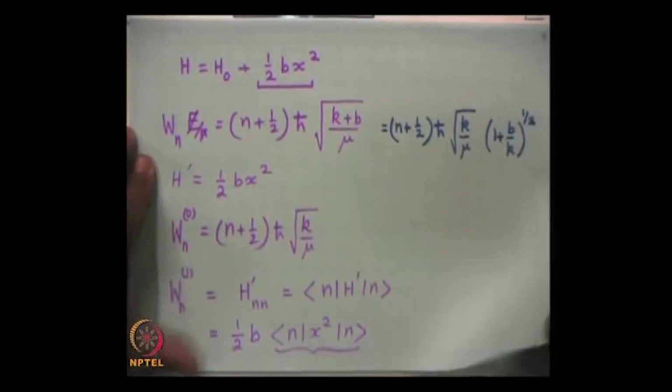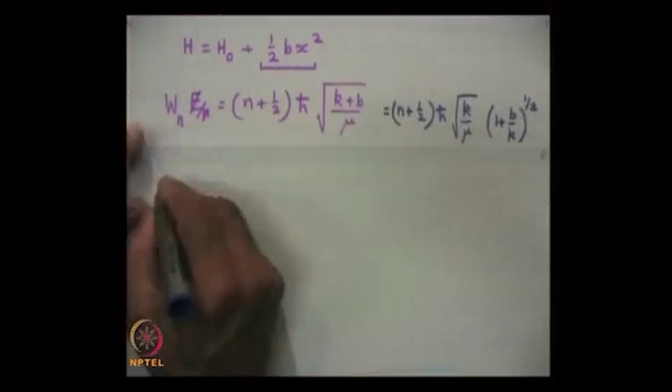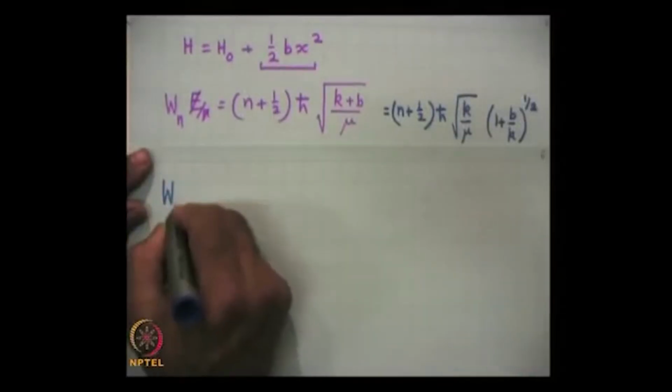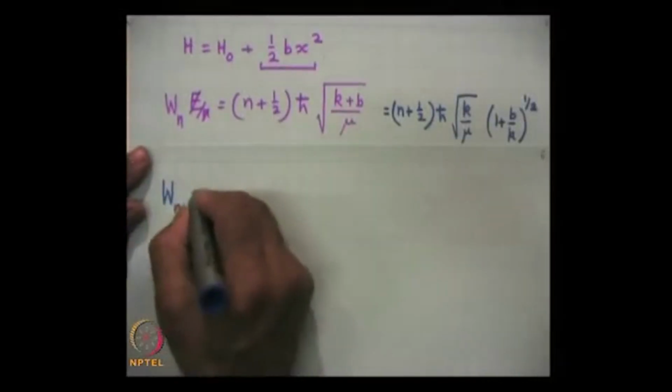So, let me write this down. I have W of n, and these are the rigorously correct results.